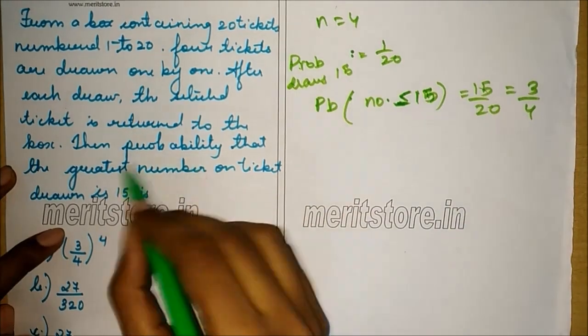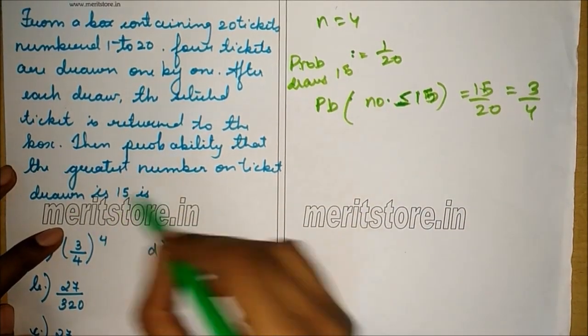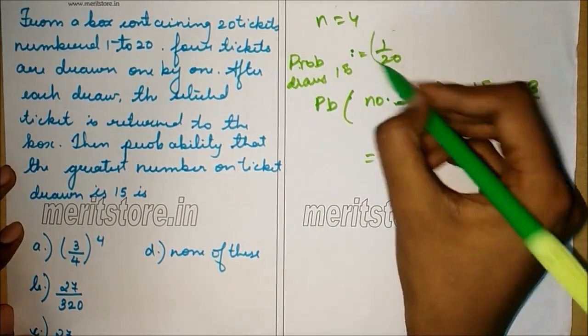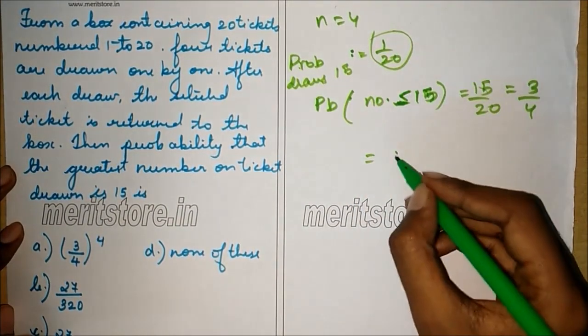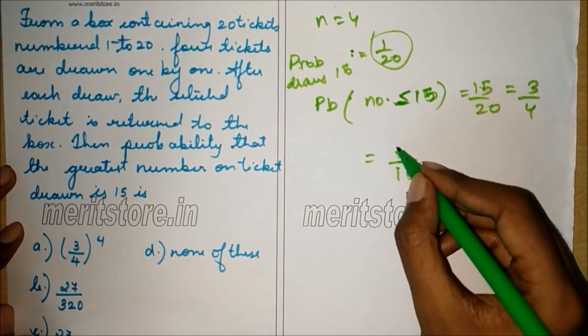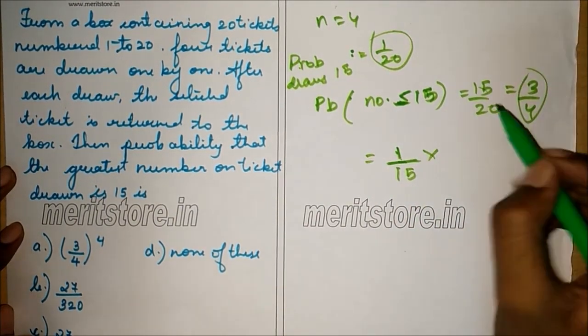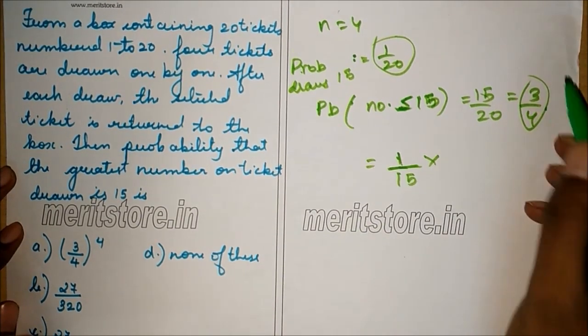So what we require is the probability that the greatest number on the ticket drawn is 15. So first will be the probability that at least one number will be 15, into the probability that another card will be 15 or less than 15.